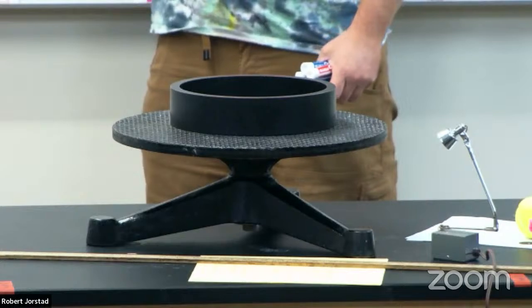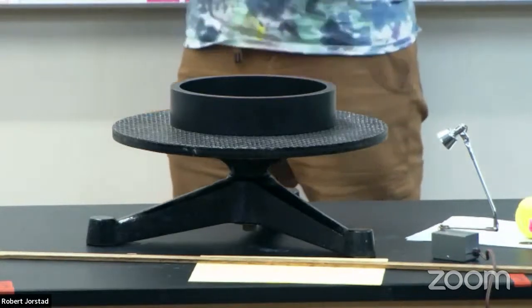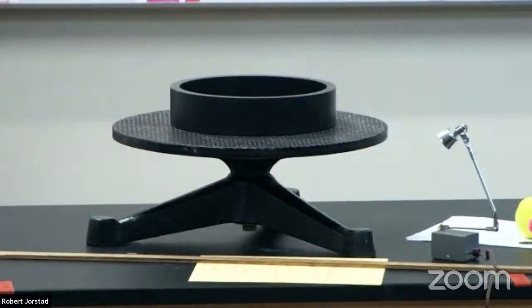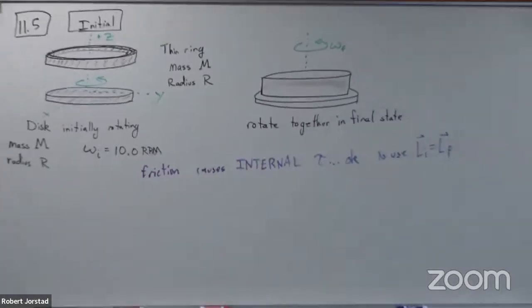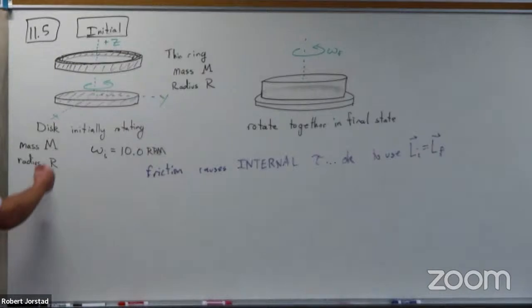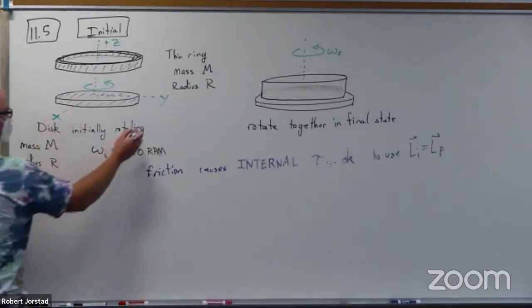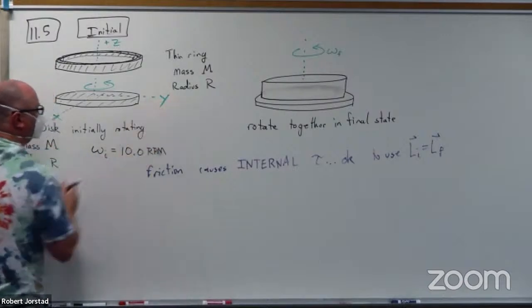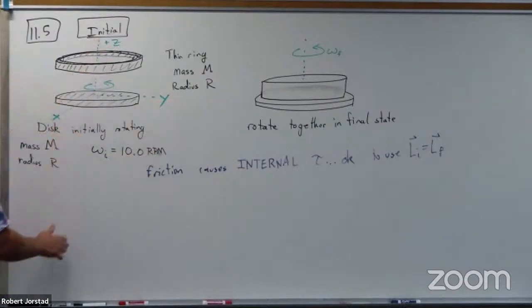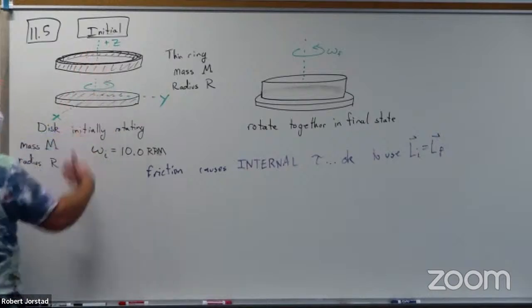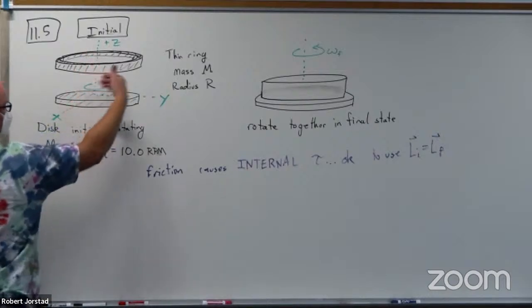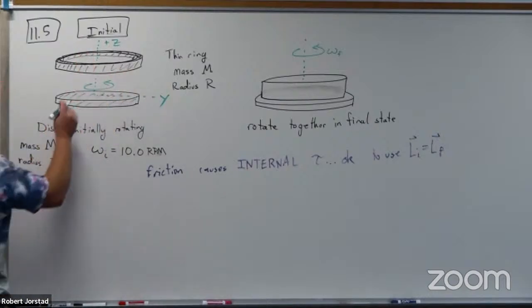I hat, J hat, K hat, positive Z. Oh, thank you, Jules. Sorry about that. Let me do that again. I chose to call this the positive X direction, this the positive Y, and this the positive Z. X goes to Y goes to Z. X, Y, Z, I, J, K. Sorry about that, Zoomers.